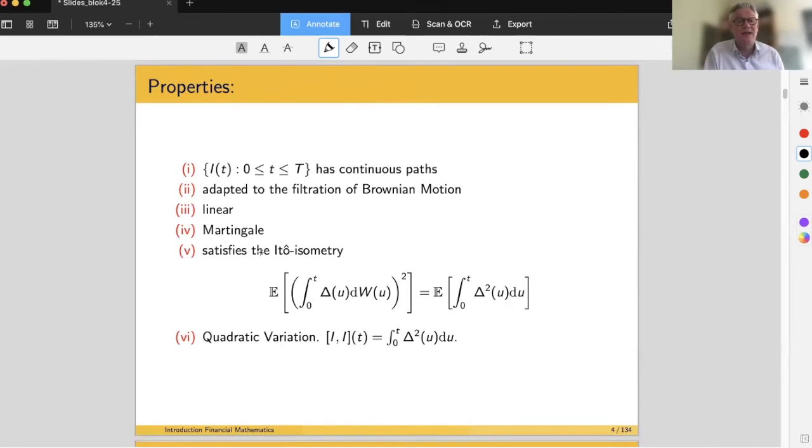Fifth, it satisfies the Ito isometry as follows: the expected value of this integral squared is in fact the expected value of this integral from 0 to t of Delta squared du. And connected, the quadratic variation. The sixth property: the quadratic variation of I is the integral from 0 to t of Delta squared u du. So that was the short recap, the things that we know from last lecture.